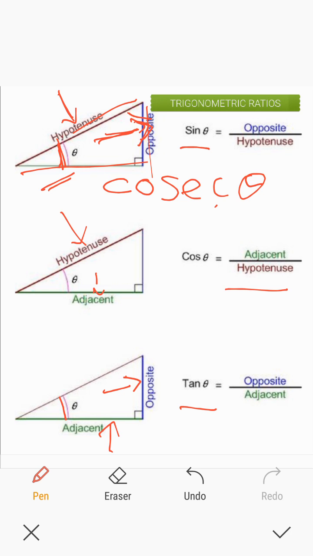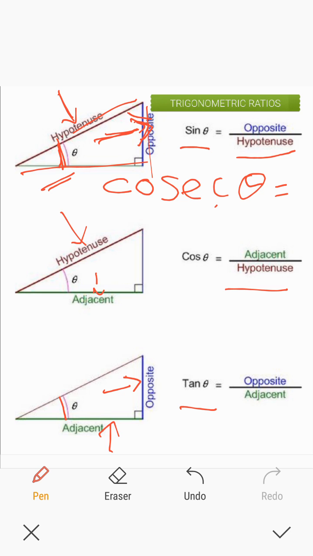Similarly, the reciprocal of sine theta is 1 by sine theta, which we call cosec theta. If we mention it in the form of a ratio, cosec theta equals hypotenuse by opposite side.